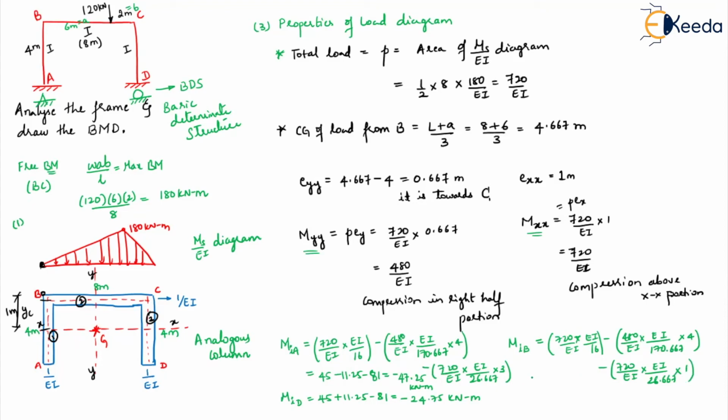That's the only difference. So we'll get 45 minus 11.25 plus 27, which will give you a value equal to 60.75 kilonewton meter. So your MIC will be same 45, but here it will be plus 11.25 plus 27. That will be 83.25. So these are your moments at the 4 points of the frame.